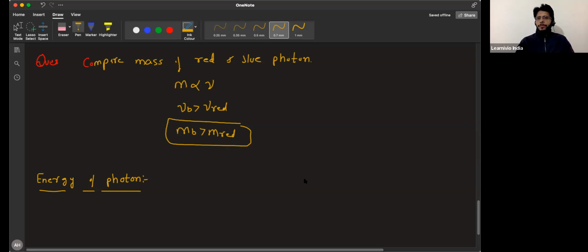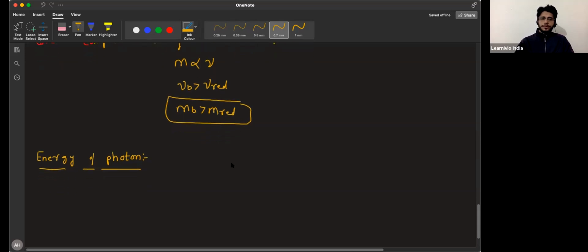Energy of photon depends upon its frequency. Greater the frequency, greater would be the energy. So energy of photon is proportional to frequency.